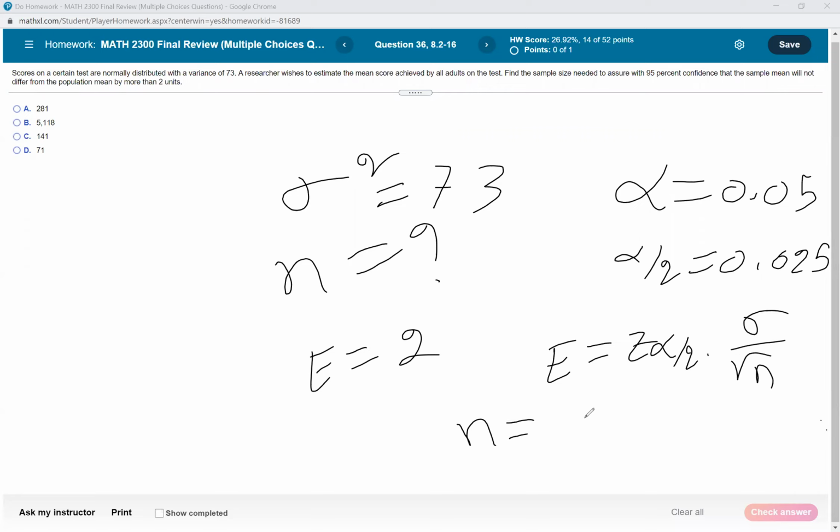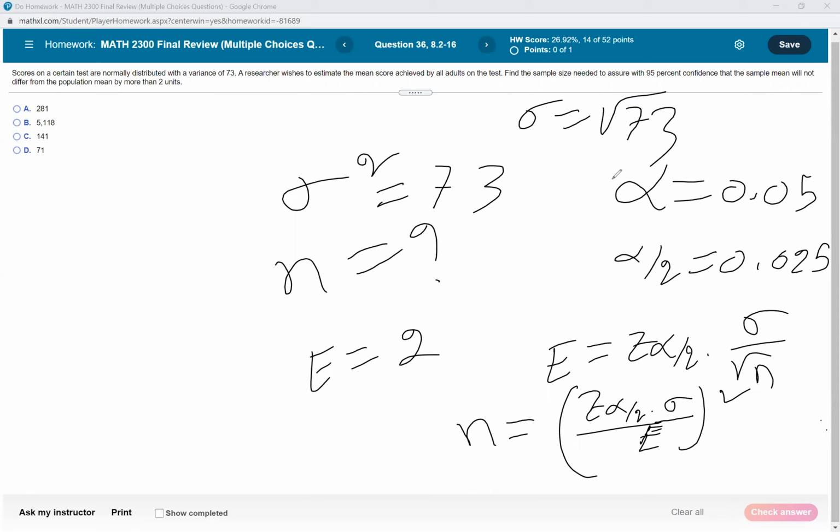So n will be z alpha over 2 times sigma over e, squared. Here we have alpha over 2 equal to 0.025. Find the corresponding z alpha over 2. Sigma square is 73, the variance is 73, so sigma will be square root of 73.